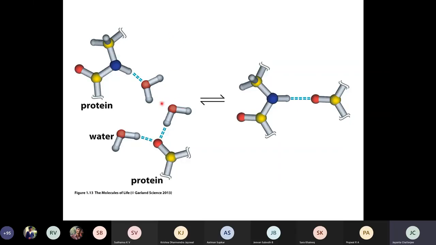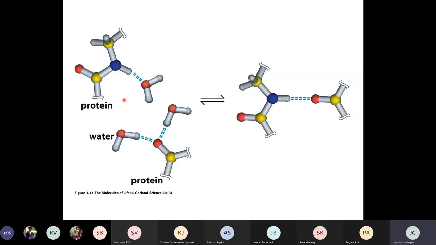And when the water molecules are thrown out, the polypeptide chain forms a hydrogen bond with its own polypeptide backbone, where you have the NH and the CO oriented towards each other within the limits of the hydrogen bond angle and distance.